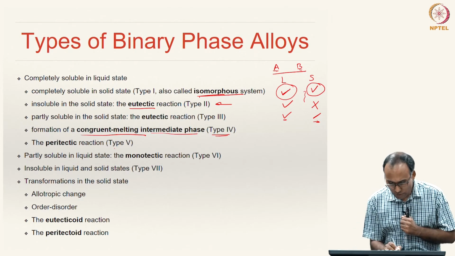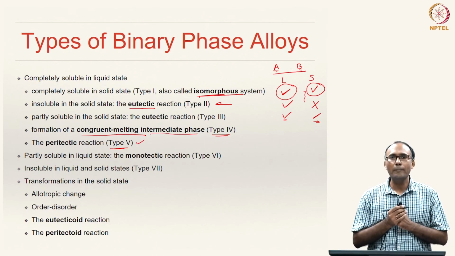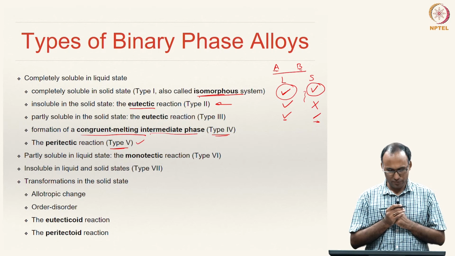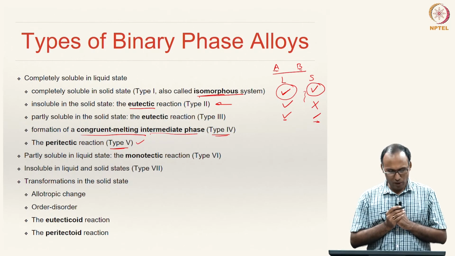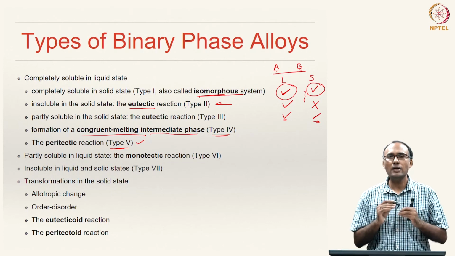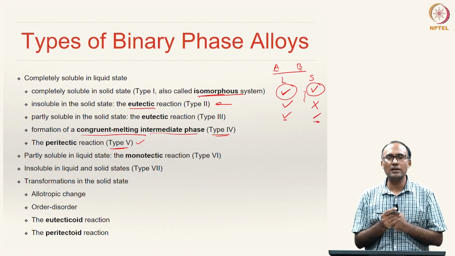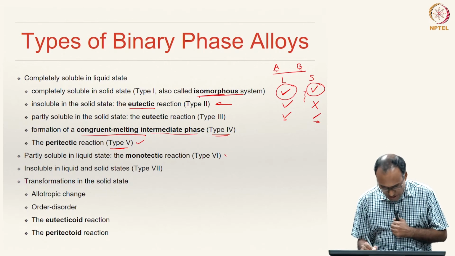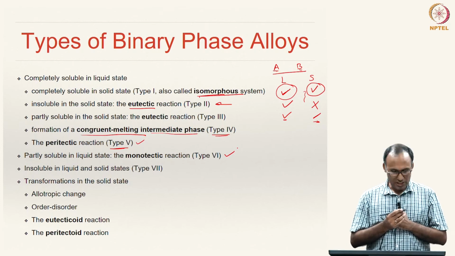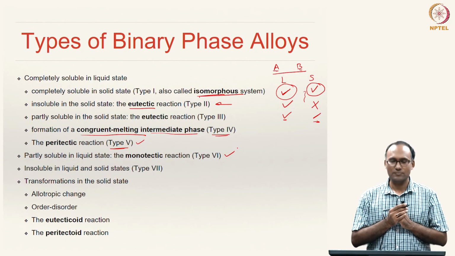And then we will look at the type 5 alloys, in which we see a special reaction called peritectic reaction, okay. So, all the type 1 to type 5 alloys are completely soluble in liquid state, while in the solid state their solubilities are changing, right. And then we will look at a type 6 alloy, which has partial solubility in liquid state.